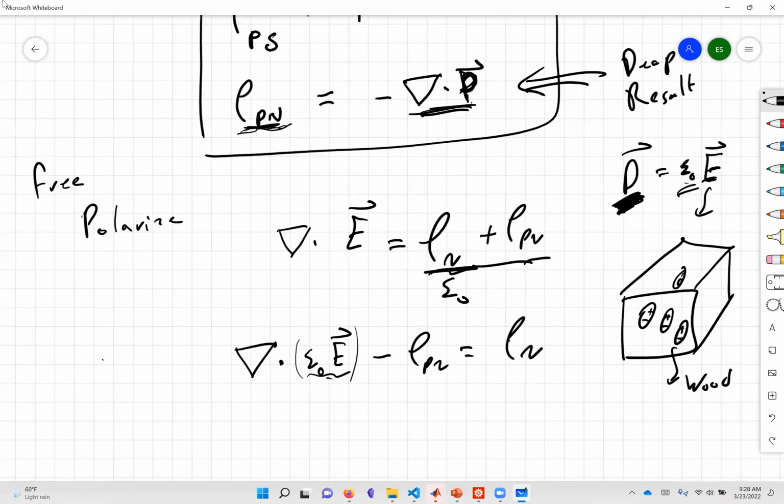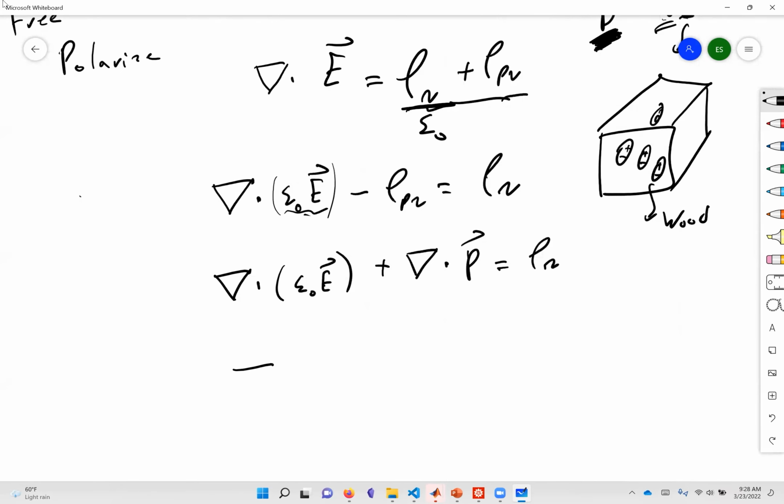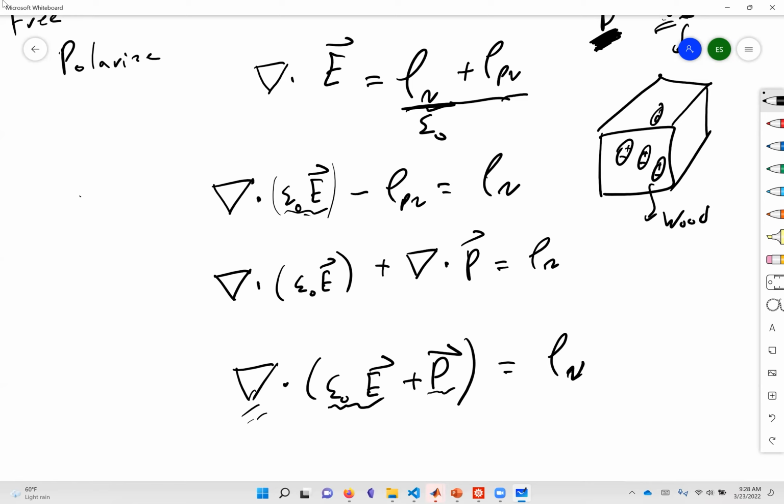Okay, so we want to now use this result. So this is going to be divergence of epsilon naught E plus divergence of P equals rho V. Divergence is linear, so I can write this as divergence of epsilon naught E plus P equals rho V. So what this is saying is that the divergence of the polarization due to free space plus the polarization of the dipoles in the material equals rho V. This is what the first postulate now says.